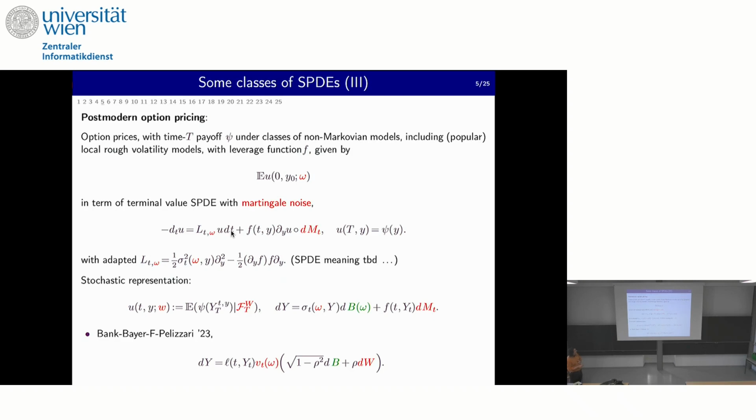And there's a recent fancification of these, where you put this extra term here. It's called the leverage function. These are known as local stochastic volatility models, and they're extremely popular in the industry for reasons that I don't want to explain in detail, but feel free to catch me over coffee. So this is not some academic exercise. These things are used in practice very much.